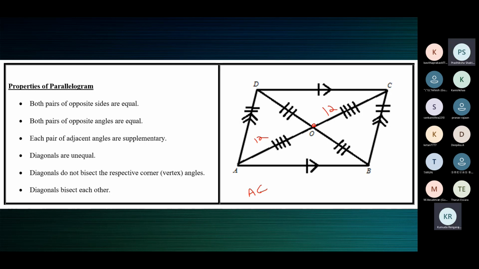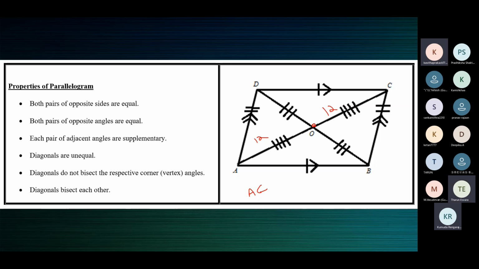Then what is the length of the diagonal BD? BD is equal to the same, 24. How much is BD? 24.